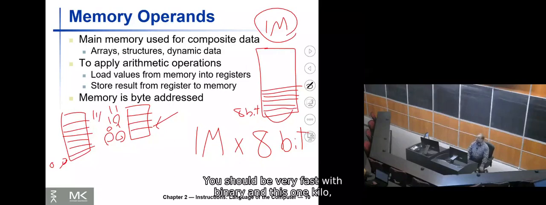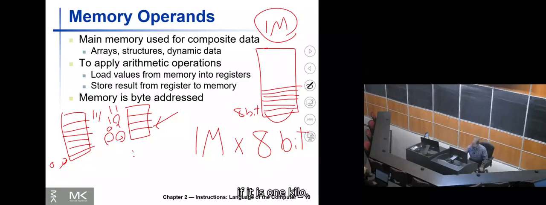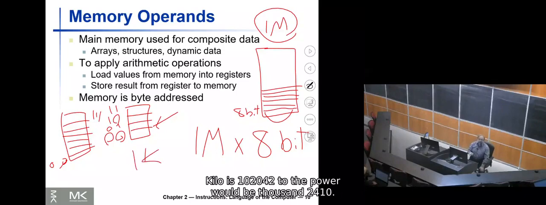1 meg. You should be very fast with binary and this. Kilo. If it is 1 kilo, how many bits do you need? Kilo is 1024. 2 to the which power would be 1024? 10.